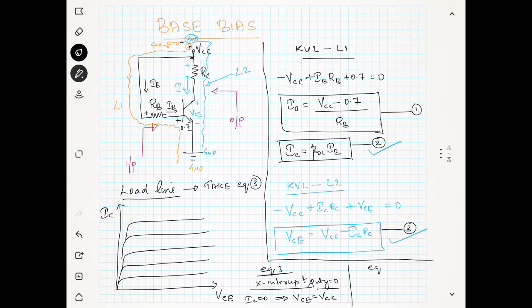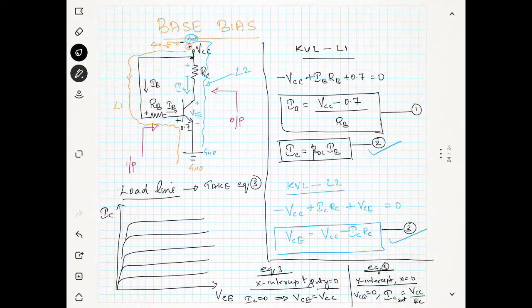Now using the same equation 3, you will find the y-intercept by putting x equal to 0. That means you put VCE equal to 0 in equation 3. As in the previous biasing cases, we find IC sat equal to VCC over RC.